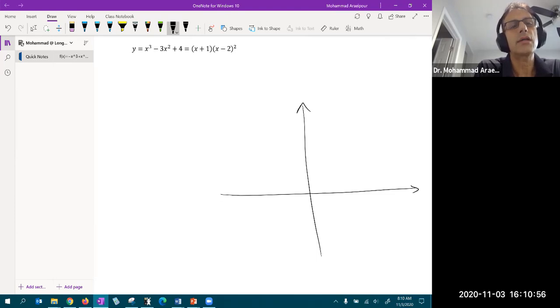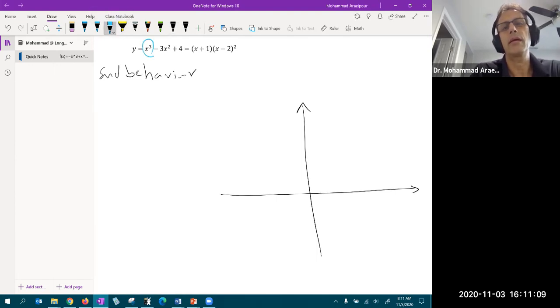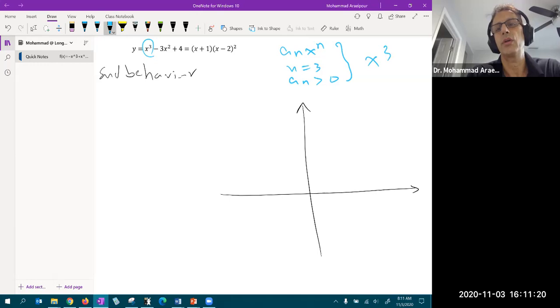All right, let's discuss the end behavior. Now I hope you see that a sub n x to the power of n, n is 3 and a sub n is positive. So it acts like x cubed, which means this is your end behavior. Class, you're in the first and the third quadrant. So that's one piece of information.